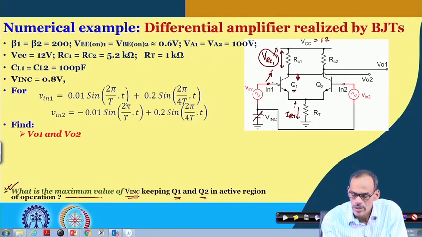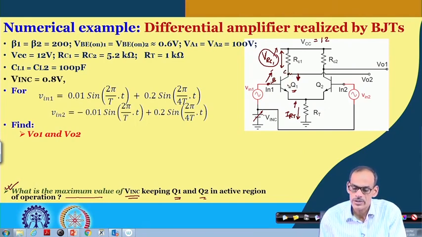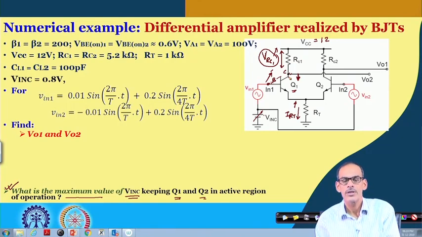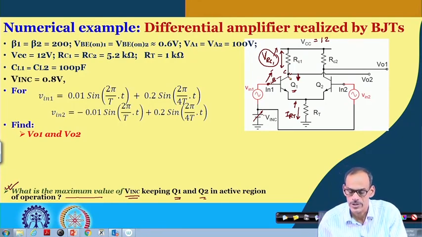There may be a situation where the difference of these two voltages is such that the base collector junction may get forward biased. In fact, if it is weakly forward biased, then we may say that the device is entering into saturation, and if it is strongly forward biased, then the transistor will be deep into the saturation region.